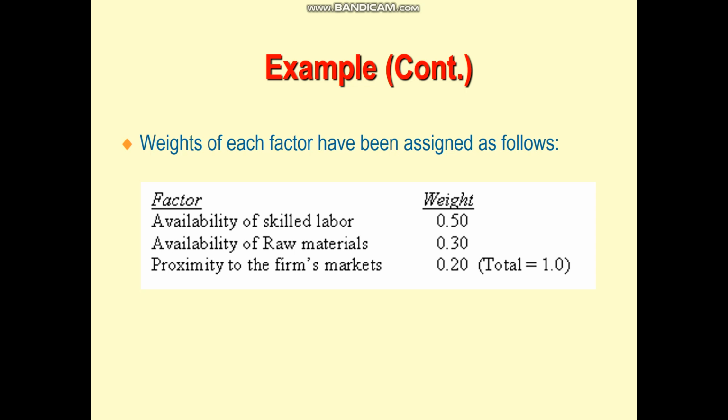So for the first factor, availability of skilled labor, they give an importance level of 0.5. Then the second factor is 0.3, and the final factor is 0.2. And remember, you can put 0.6, then 0.2, then 0.2. It depends on what you need in your company. However, remember, the total weight is always equal to 1.